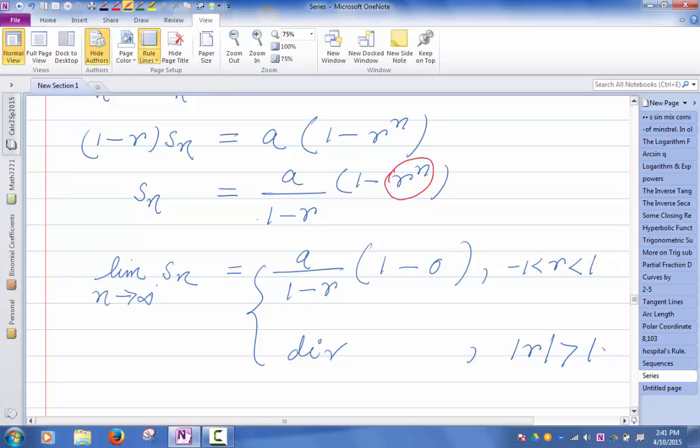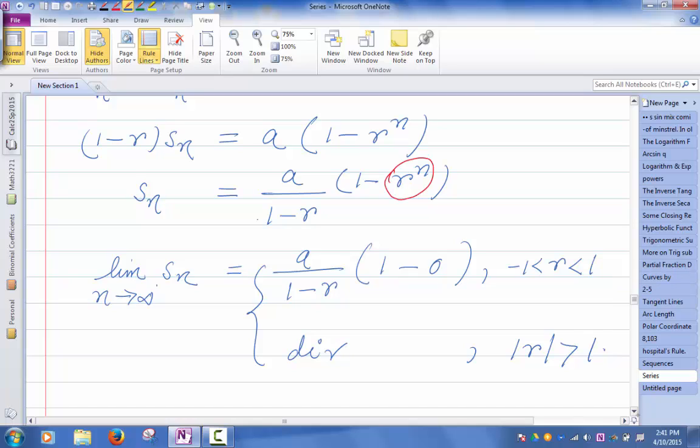So we know that r to the n is divergent when the absolute value of r is bigger than 1, and r to the n goes to 0 when r is between -1 and 1. So now we know exactly when the geometric series converges, and if it converges, we know the sum. What is the sum of the geometric series then? A divided by 1 minus r, right? Because I have just 1 minus 0 here. So the geometric series has sum a over 1 minus r.